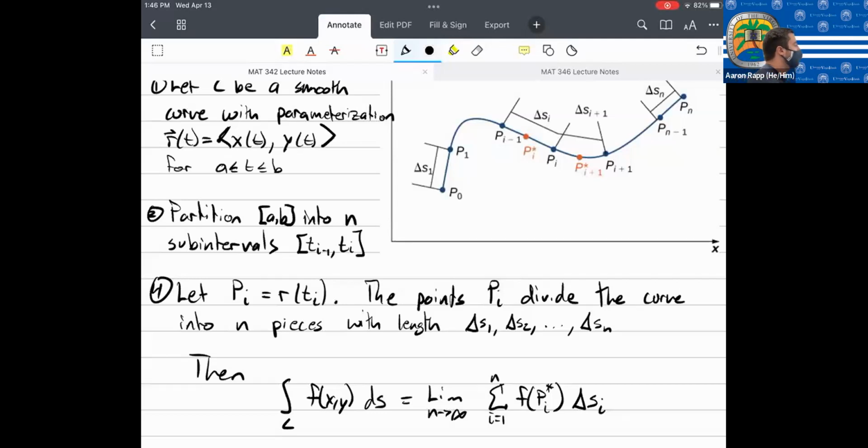So, okay, cool. I get conceptually how to do it, but how is this going to help me actually calculate? Well, we have all the pieces that we need, specifically the parameterization. Now, this curve changes with respect to x and y, but because I can parameterize this curve with respect to a single variable t, I can probably turn this integration over a curve into integration with respect to the variable t.